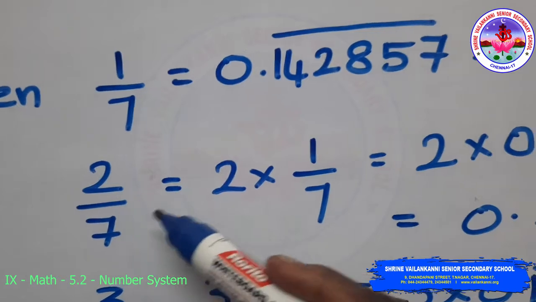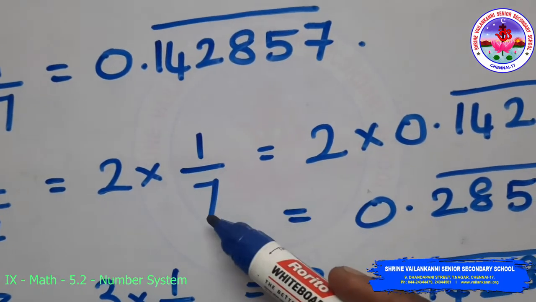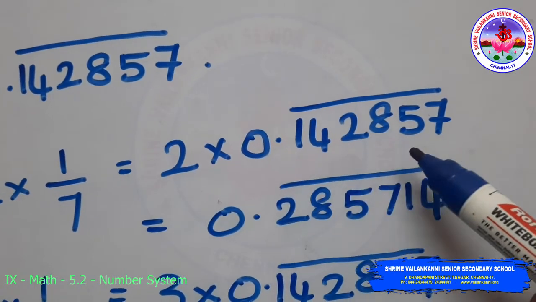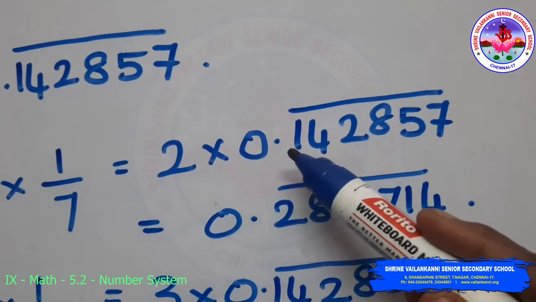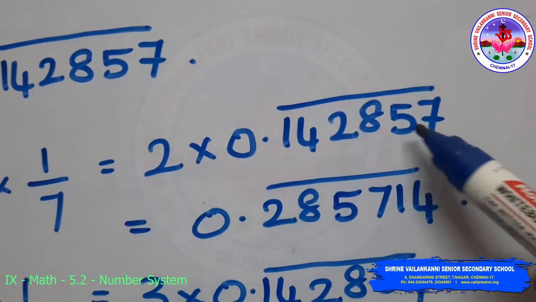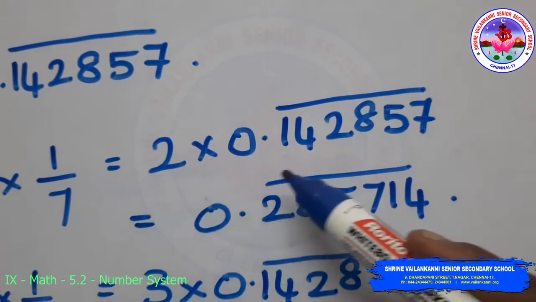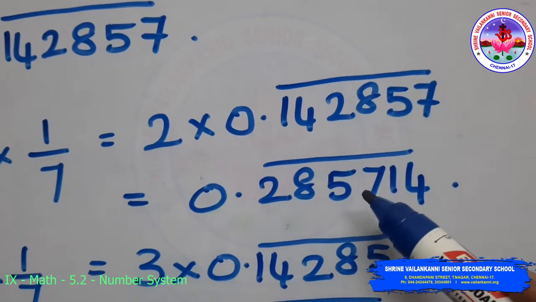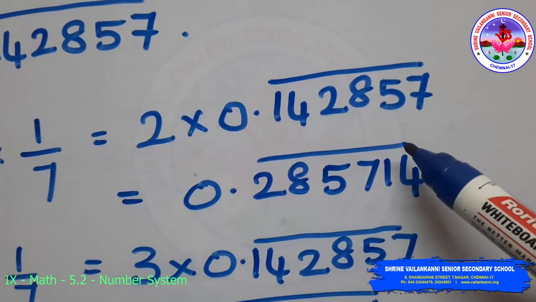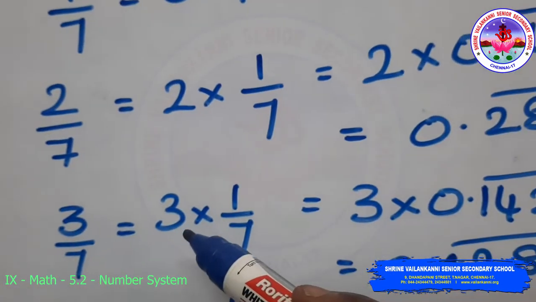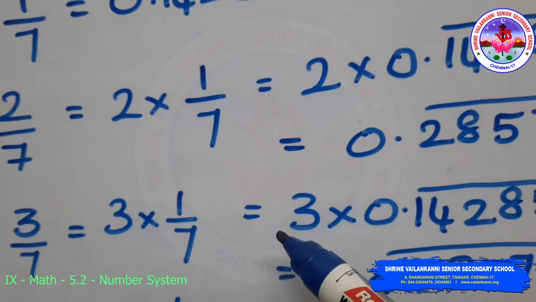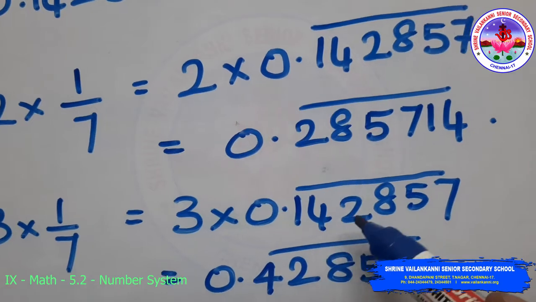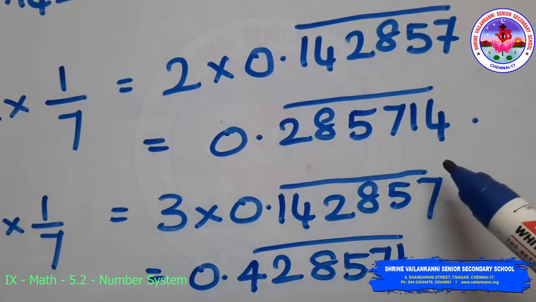So I am just writing 2 by 7 as 2 into 1 by 7, which is equal to 2 into 0.142857 bar. Multiplying 2 with these digits, I will get 0.285714 bar. Similarly, for 3 by 7, 3 into 1 by 7 is 3 into 0.142857 bar.